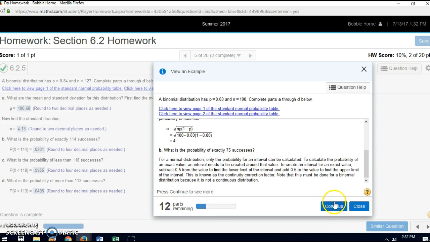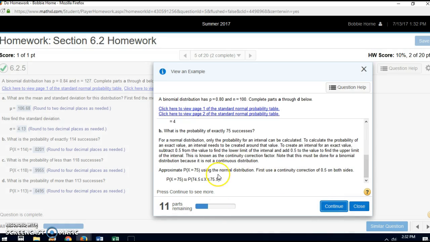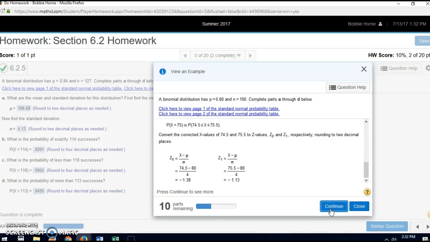So you're going to get a range: 74.5 and 75.5, on both sides. And we have to get a z-score. You're going to get 2 z-scores, using your x values minus mu, which is the mean, divided by standard deviation.